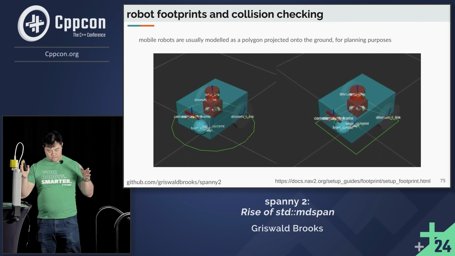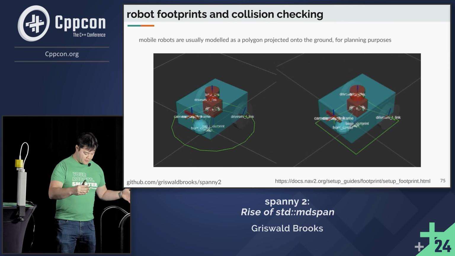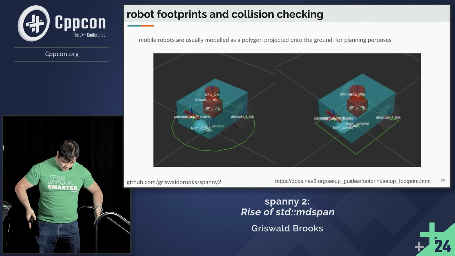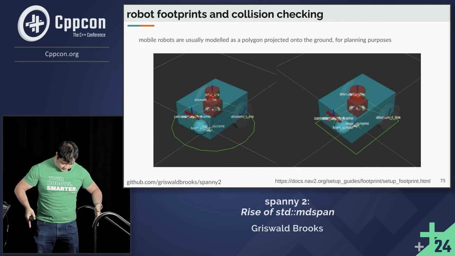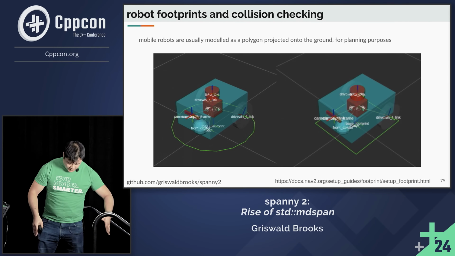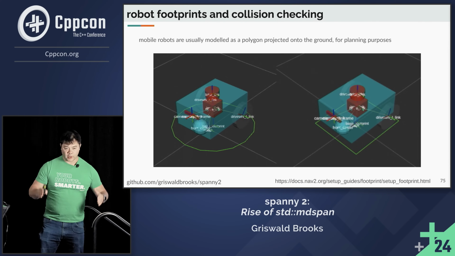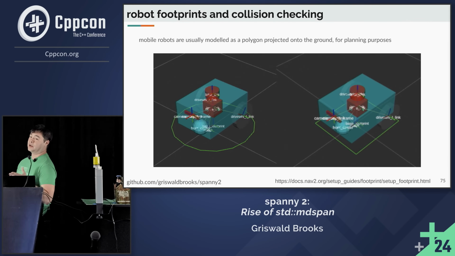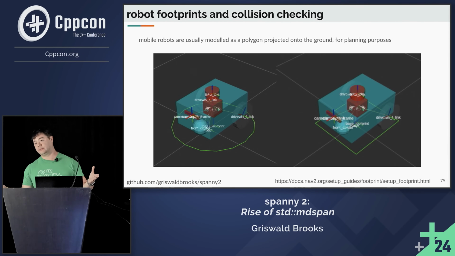What about the robot? If I have a mobile base and it's driving around, we tend to look down at where the robot is and draw a shape around the robot so it doesn't get too close to anything. We call that the footprint of the robot. We usually represent the footprint of the robot as a polygon.